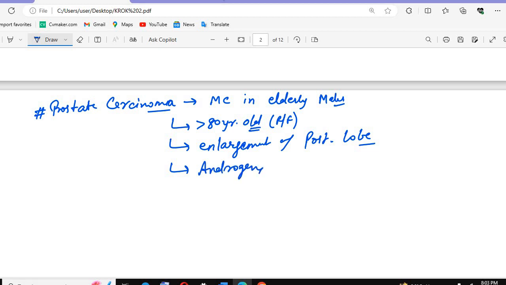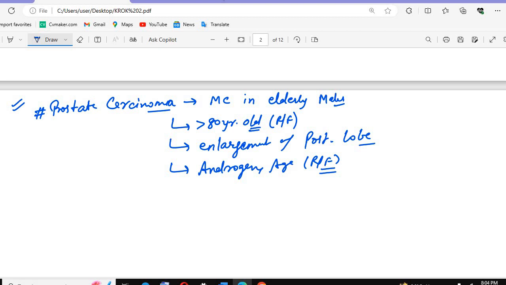Age and androgen are the most important risk factors in this condition. This is the slowest growing tumor in the world. It starts around 80 years old and then continues to grow slowly, so it is not affected so much.